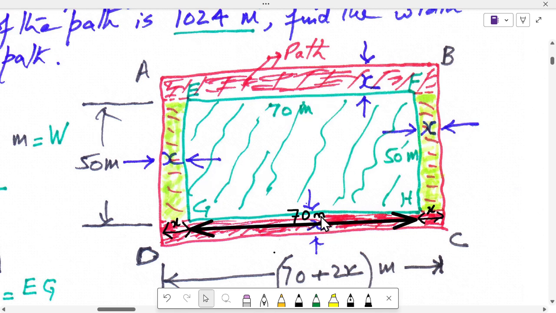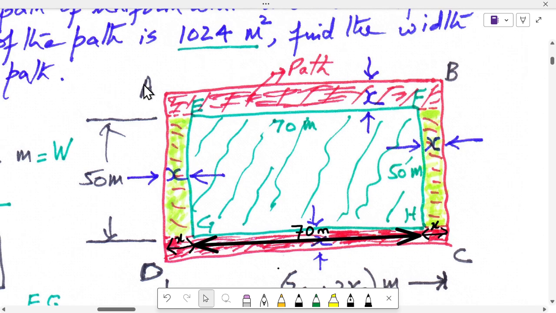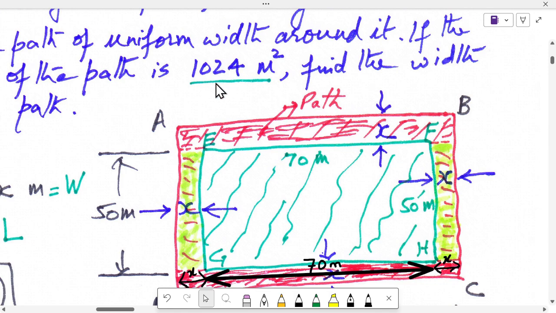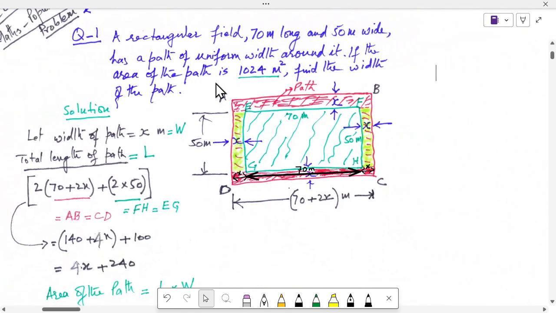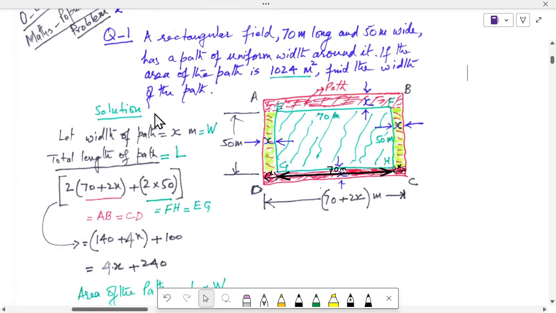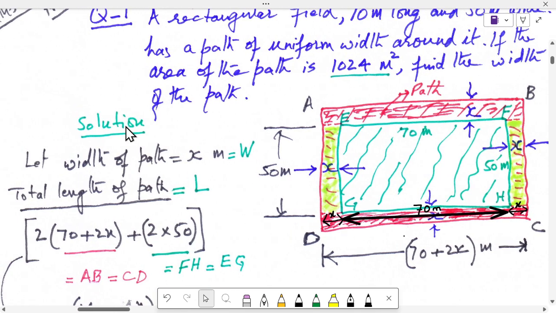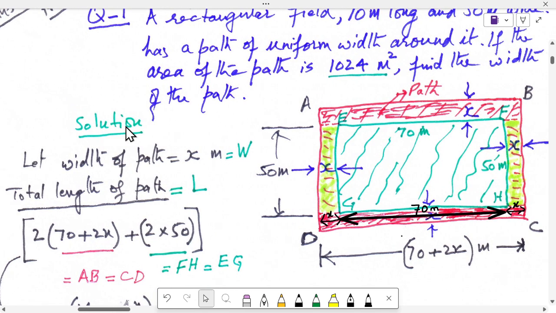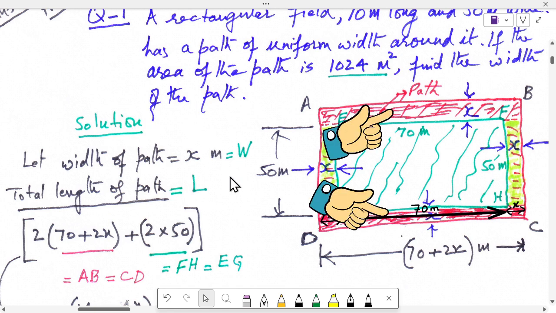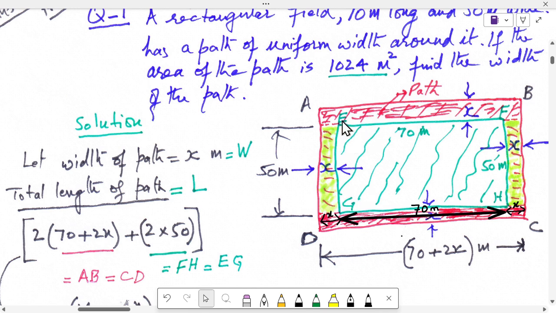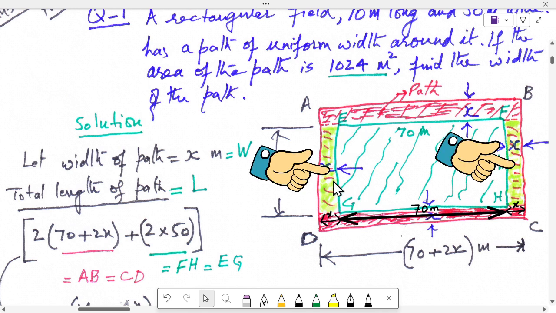Now, to find out the width of the path when the area of the path is given, make an equation of the area of the path in terms of x and the length of the path. Now, the path is two lengths along the length of the field and two lengths along the width of the field.